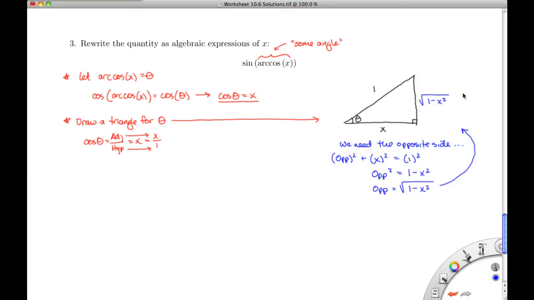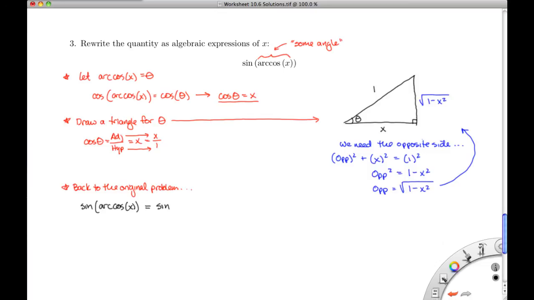So now that we've got this triangle, we're going to go back to the original problem. And what we see here is that originally we were asked to find the sine of the arc cosine of x. Well, we decided to let the arc cosine be equal to theta.